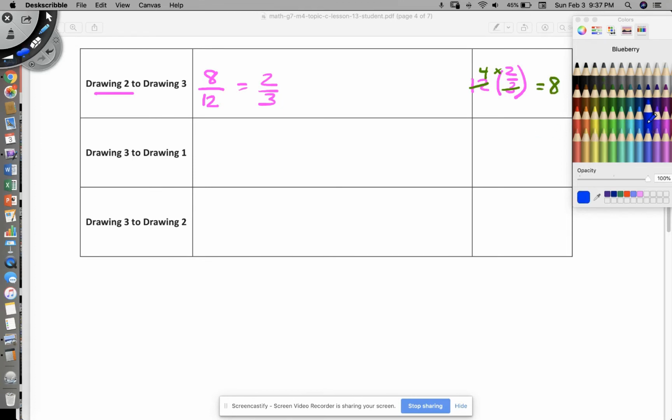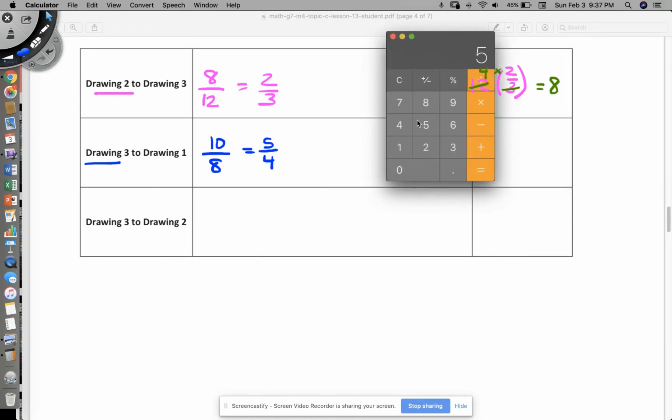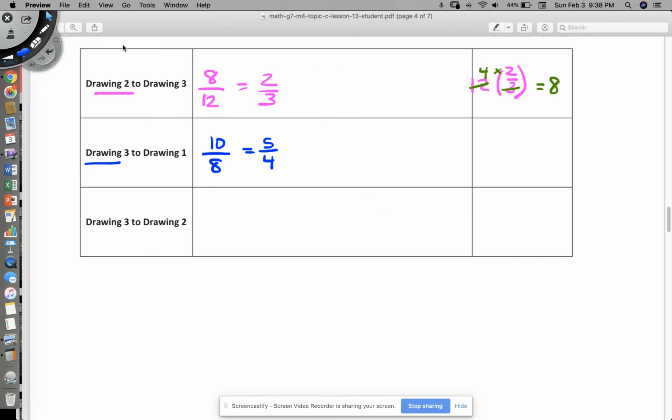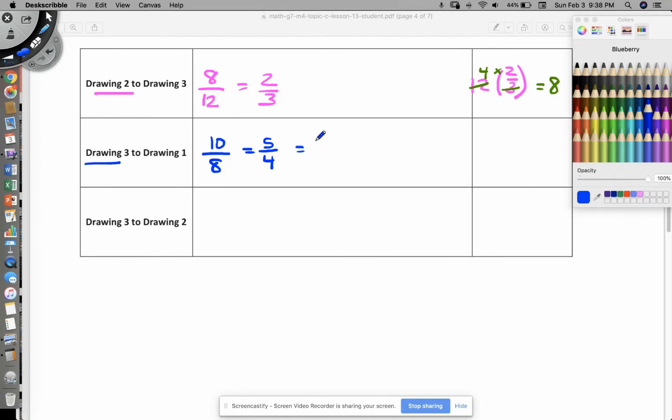All right, let's look at 3 to 1. 3 being my original, so it goes down here. 1 has the 10. I can reduce that to 5/4. And again, we can check the calculator on this one. We can say 5 divided by 4. I get 1.25.